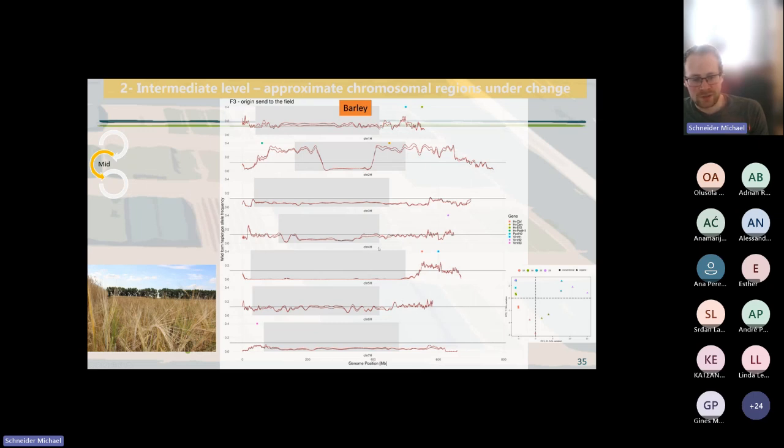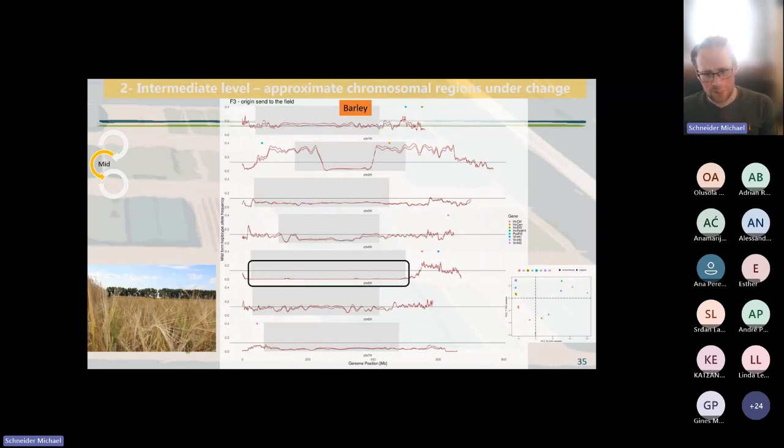As additional information, this population has been backcrossed 2 times, so this black line indicates the allele frequency we would expect in an infinitely big population. On the first chromosome, this line is matched quite well, but on the 5th chromosome, it's not matched very well at all. We have almost 0% allele frequency of, in this case, a wild crop relative that was used as one of the two parents in this population.